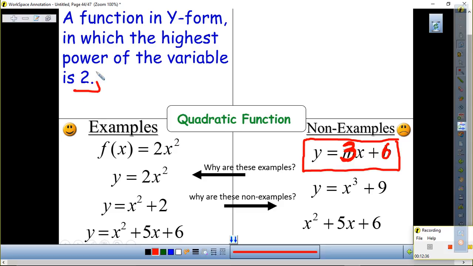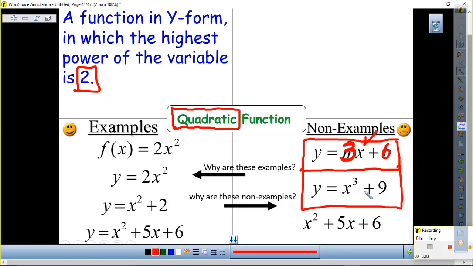It has to be 2. Remember when we covered quadratic trinomials, what was the exponent on a quadratic? 2. Okay. But it has to be there. This one does not have it, that's why it's not quadratic. Okay? Let's go to this one.